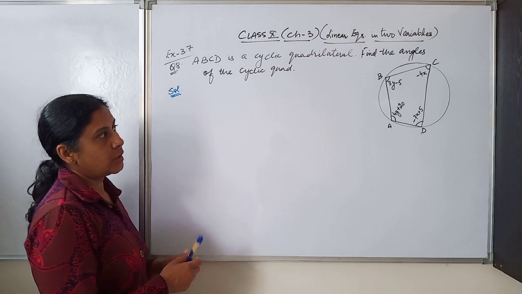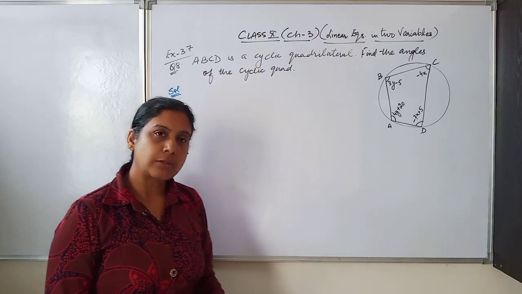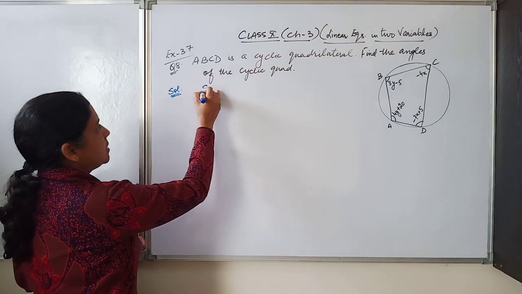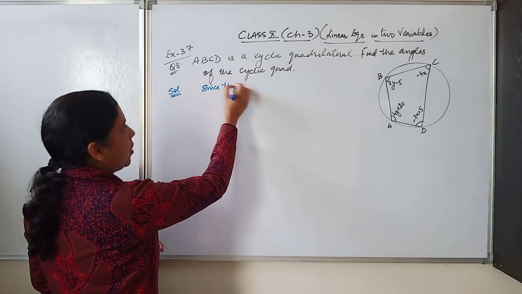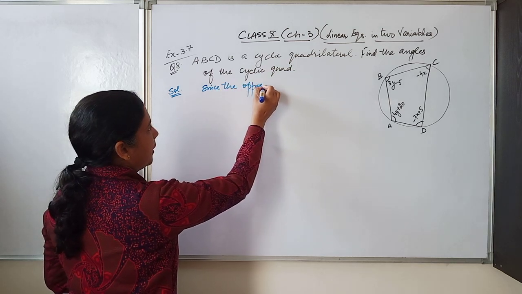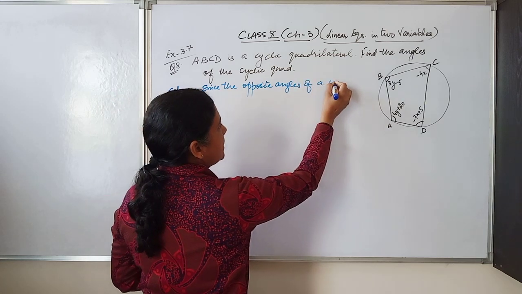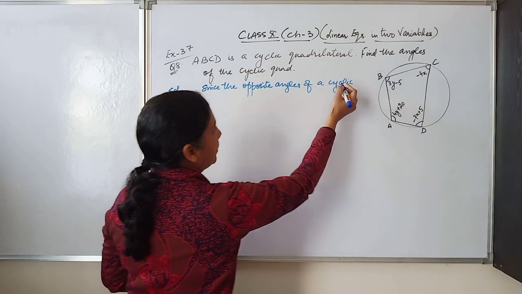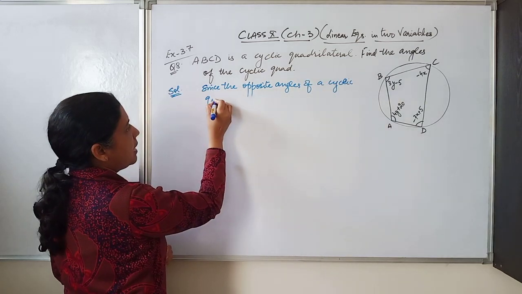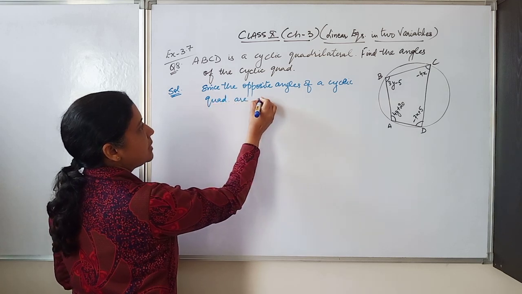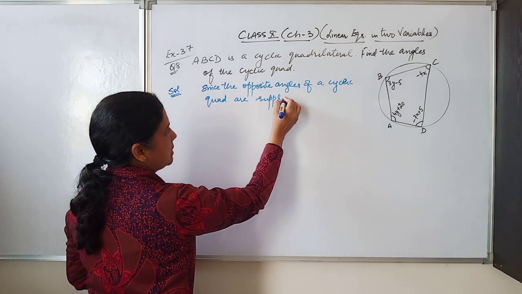First of all, we are going to use a property of cyclic quadrilaterals. Since the opposite angles of a cyclic quadrilateral are supplementary, this property you have done in your 9th class.